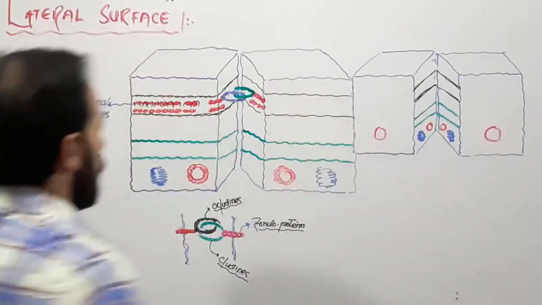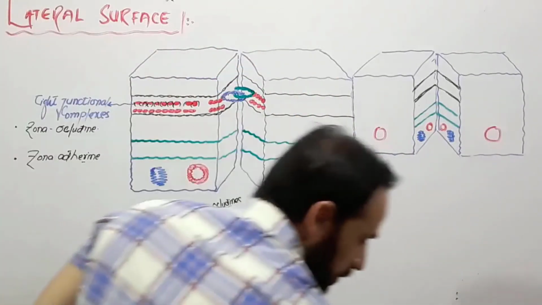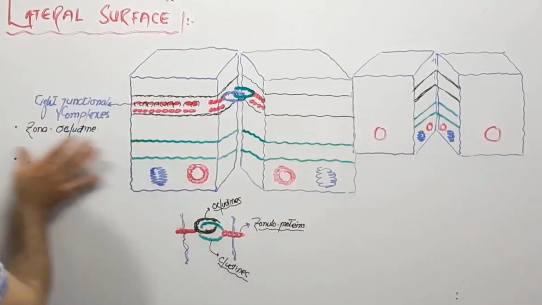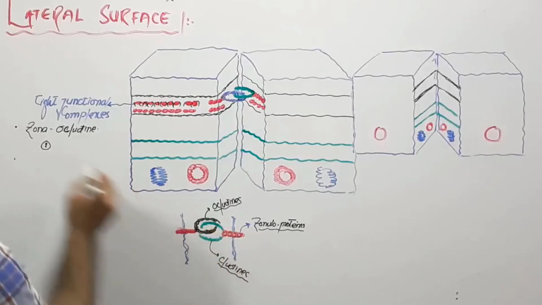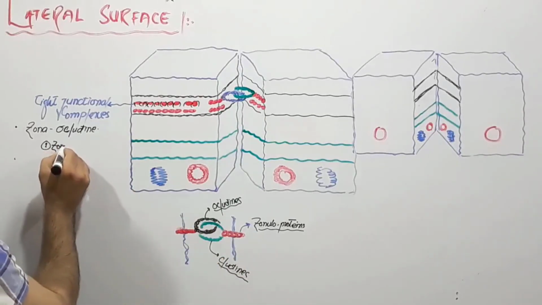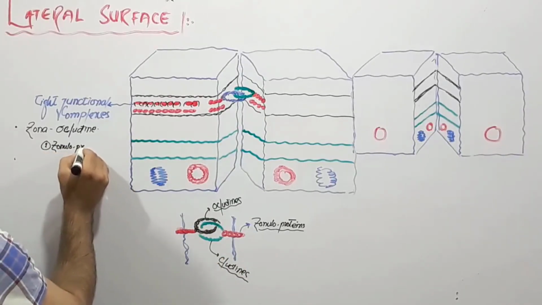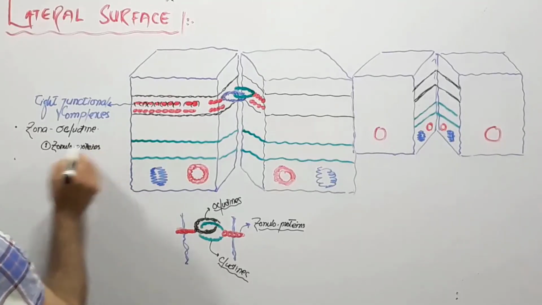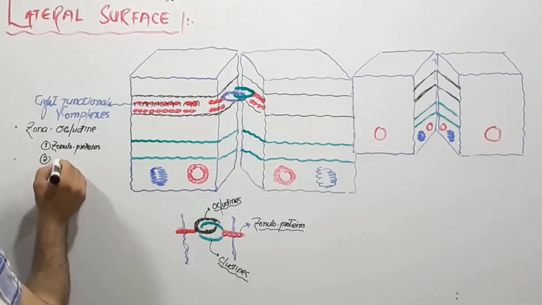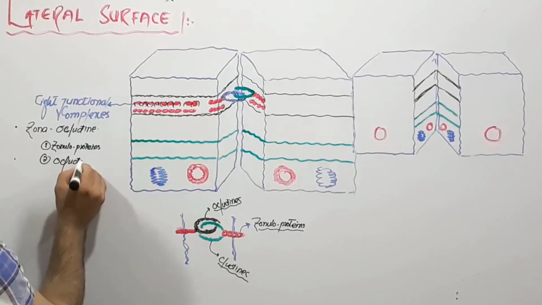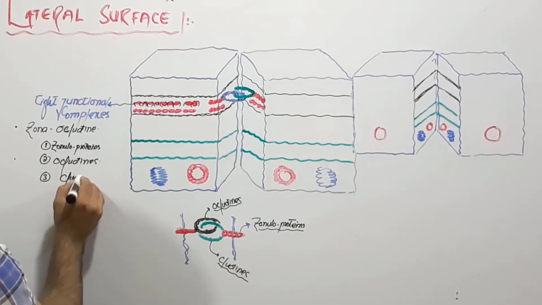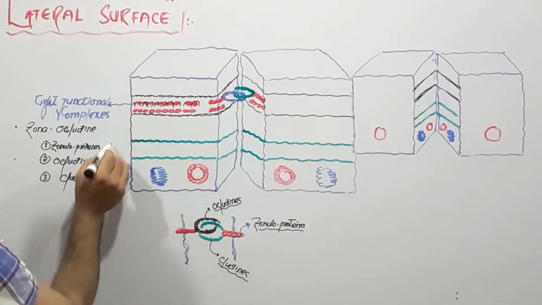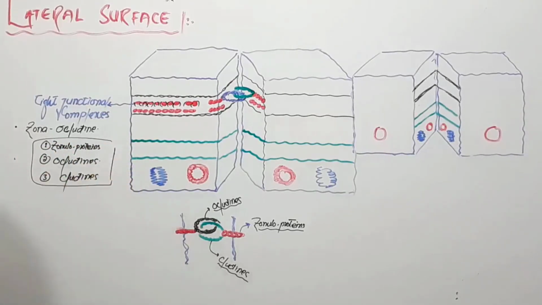They hold the cells together. So in the zona occludens, right friends, which proteins are found? Number one, zonular proteins. Then the second one is occludens, and the third one is occludens. These are the proteins which are found in the zona occludens.